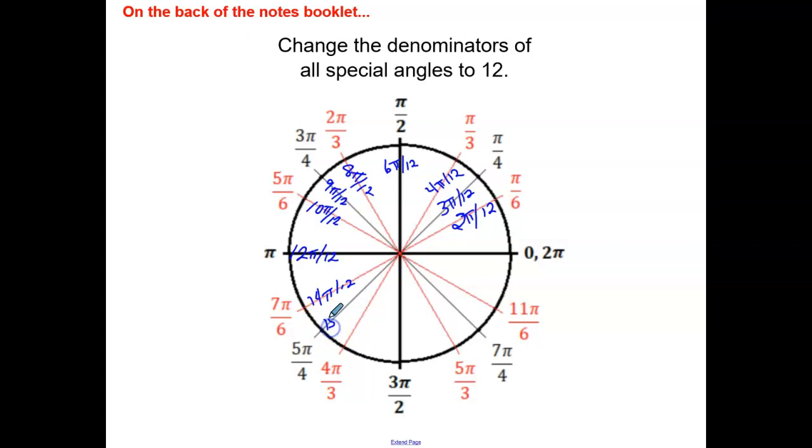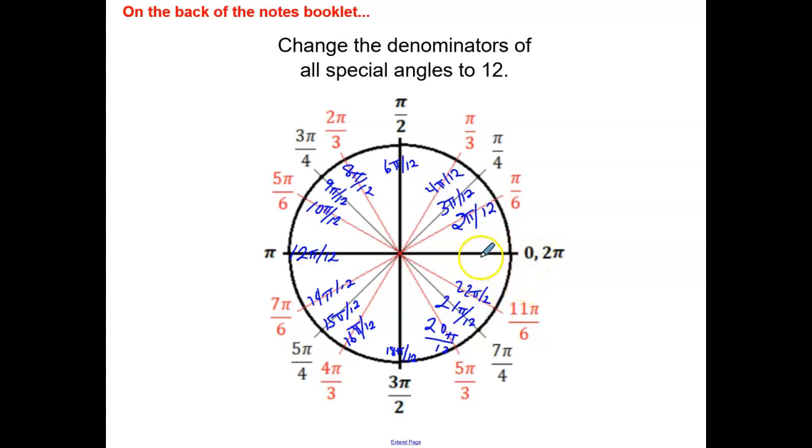Then 15 pi over 12, 16 pi over 12. Then we skip the 17, and this next one is 18 pi over 12. Skip the 19, then we have 20 pi over 12, then 21 pi over 12, 22 pi over 12.